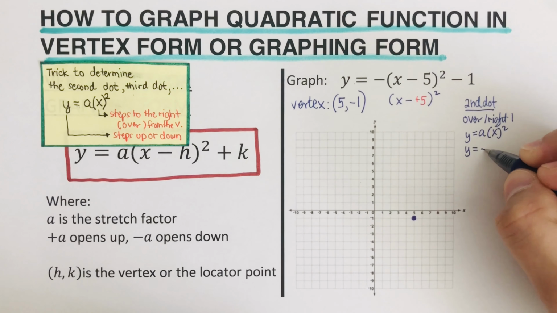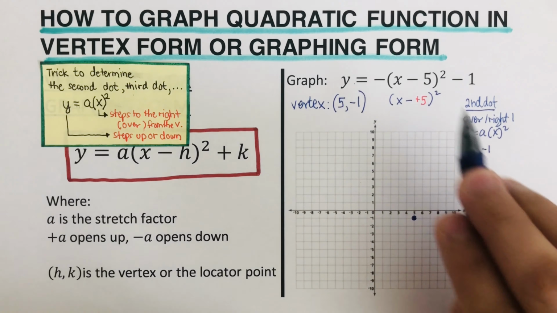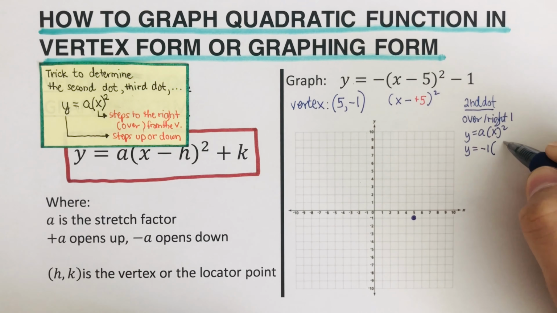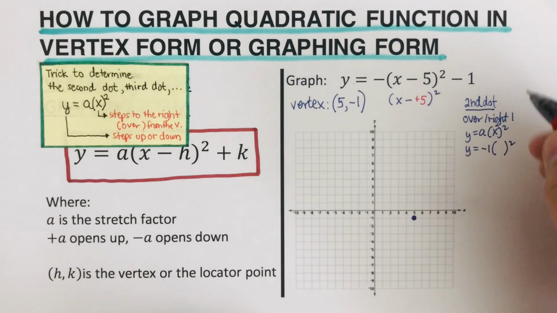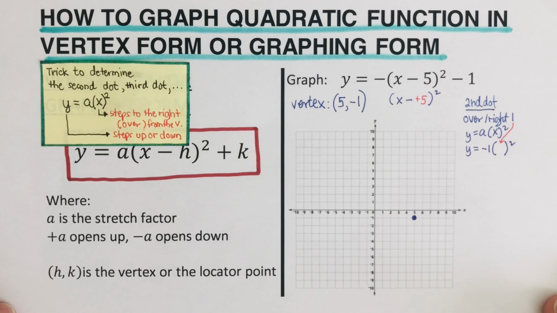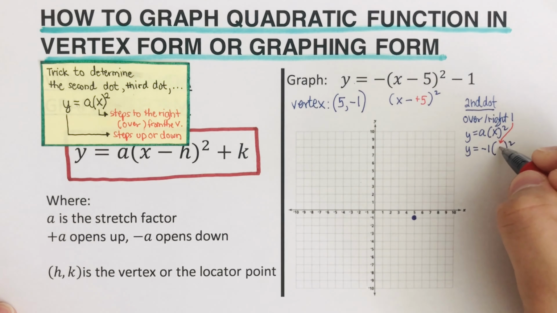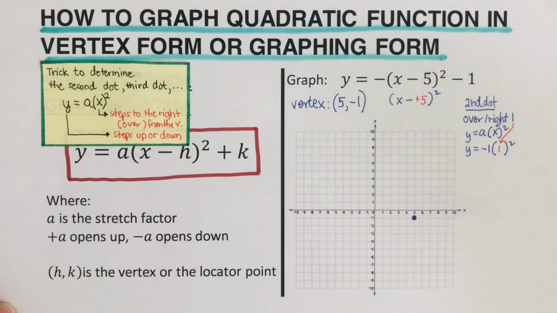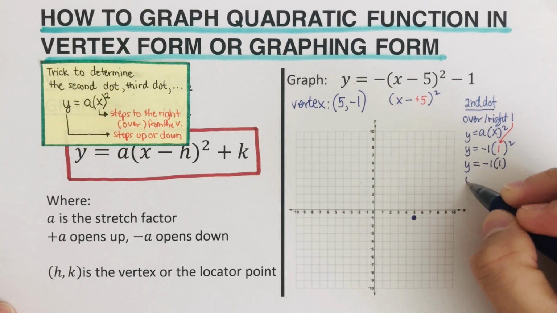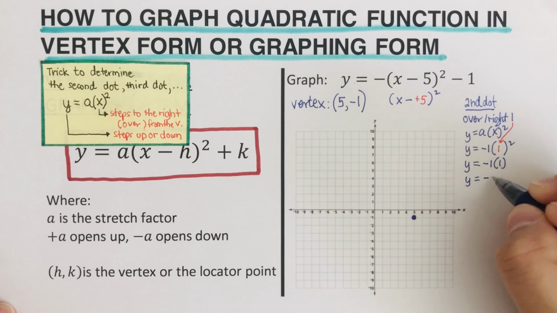Again, the a was up here, that's a negative 1. And then I put this 1 in here. That's how I got the 1 right there. So y is equal to negative 1 times 1 squared, which is 1. So our y is negative 1.